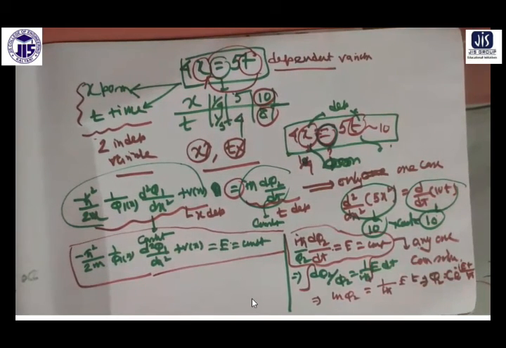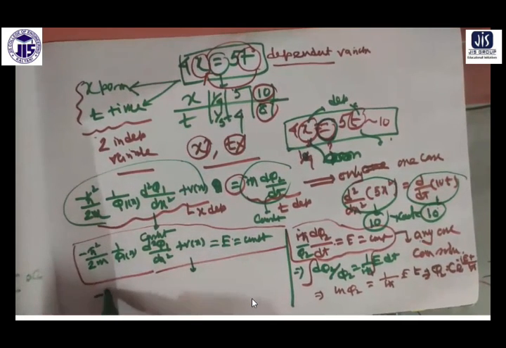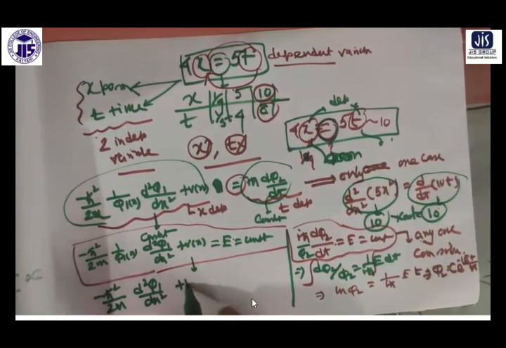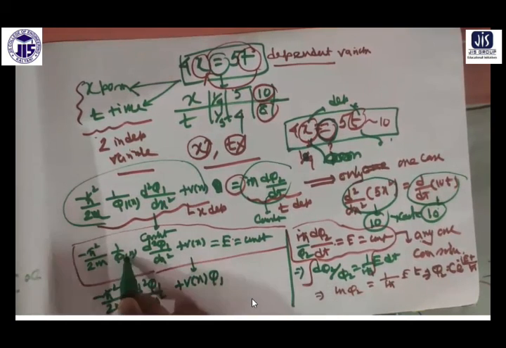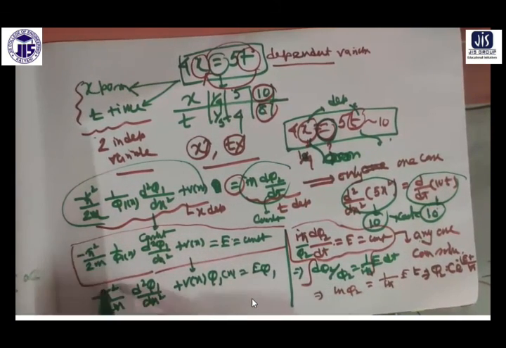Okay. Now look at this equation in x. Now you compare this equation. You see, I can write down this equation in this way, plus Vx φ1 because I am multiplying it, equal to E φ1x.